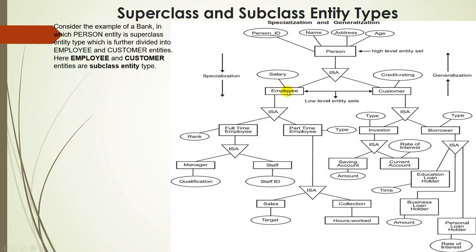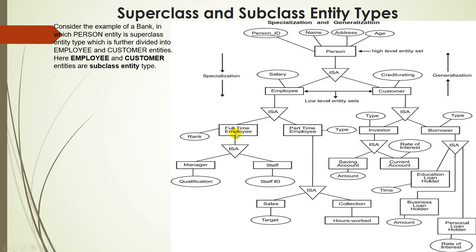At the next level, we have two types of employee: full-time and part-time. Full-time employee has the parent fields, so the full-time employee has five fields: salary, and four fields from here, and one more field: rank.